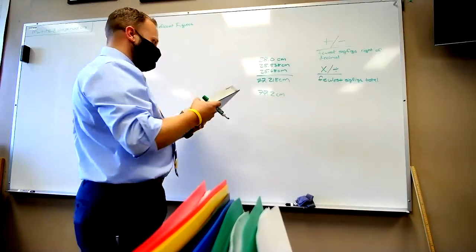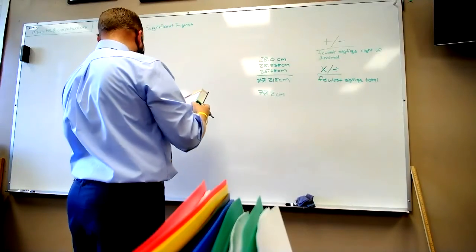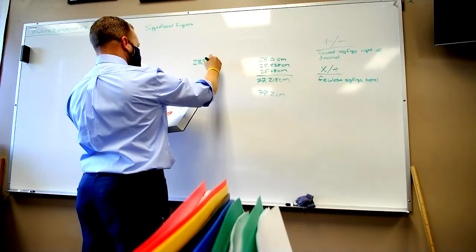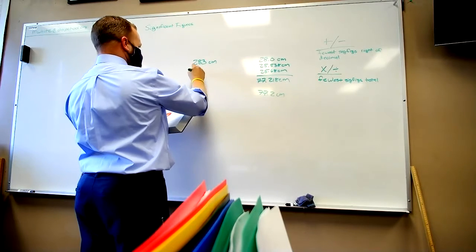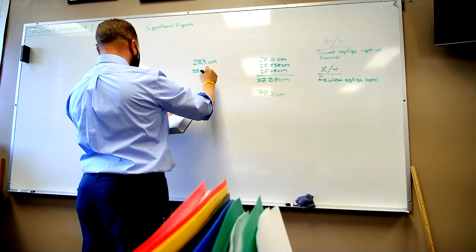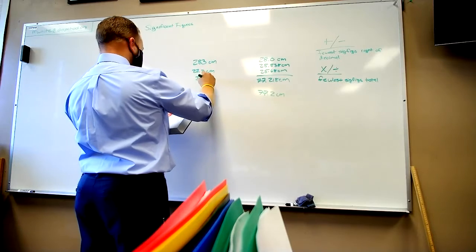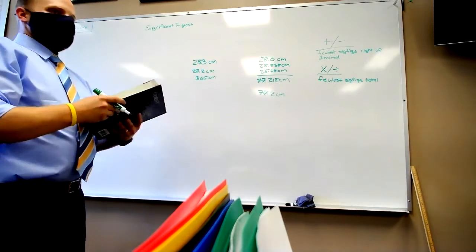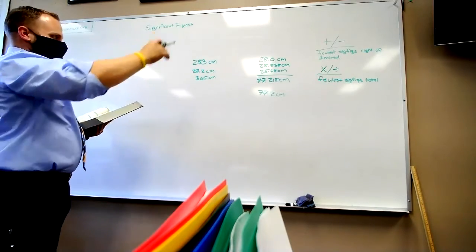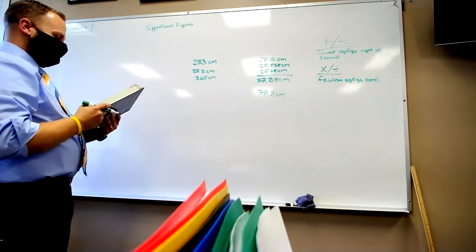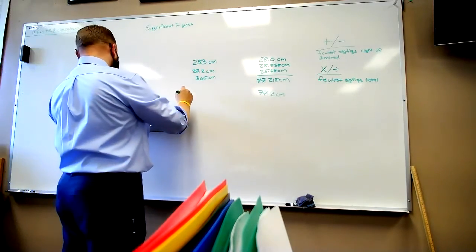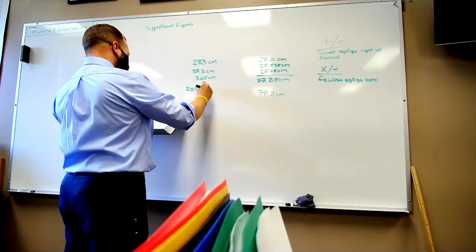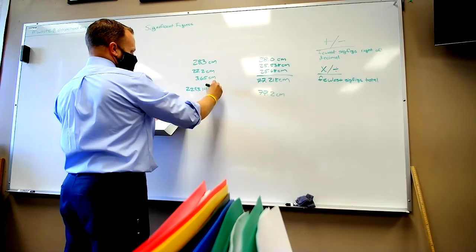So here we have 28.3 centimeters, 22.2 centimeters, and 3.65 centimeters. So when you put that in the calculator and just do that math, it gives you 2,293.149 cubic centimeters.